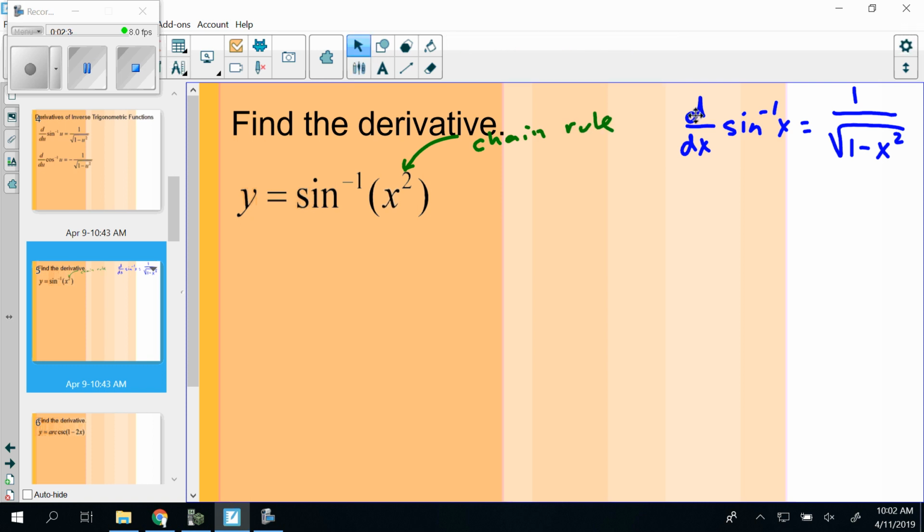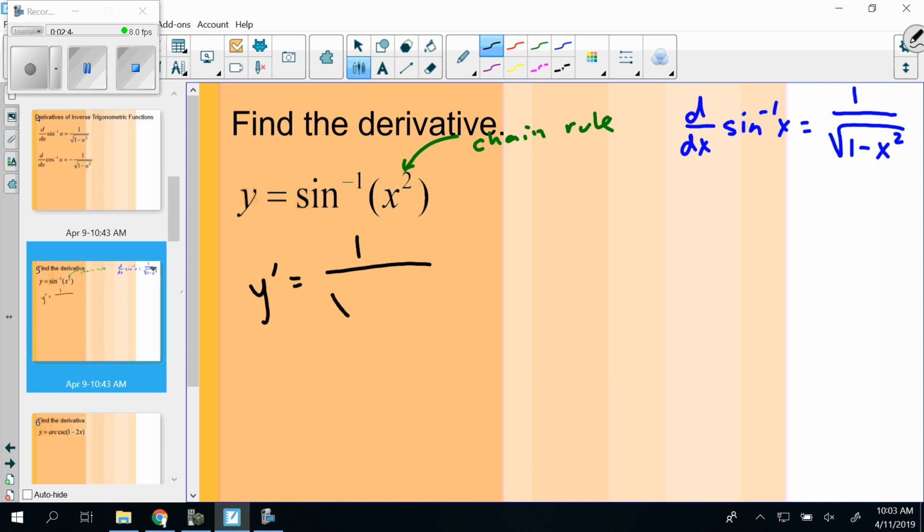And so our derivative here will end up being the derivative of the outside function, which is the inverse sine, which is going to be 1 over the square root of 1 minus whatever we're taking the inverse sine of, squared, which in this case is x squared, times, and this is where chain rule comes in, the derivative of x squared.